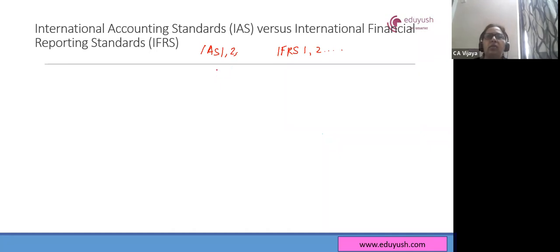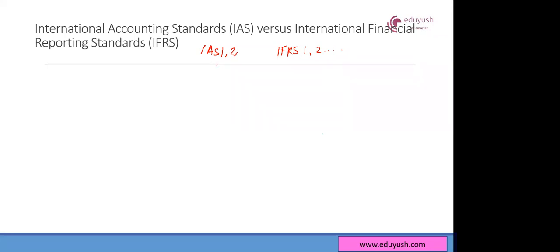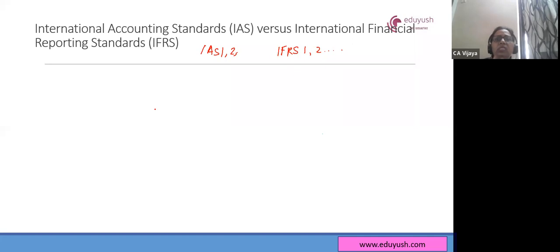Have you noticed that the numbers of the accounting standards are either IAS 1, 2, 3, 4 or IFRS 1, 2, 3, 4, and so on? Yes or no? Yes. Okay, so now we are going to understand the nomenclature that is put before the accounting standards, and why we have IAS for some standards and IFRS for another standard. What is the reason?